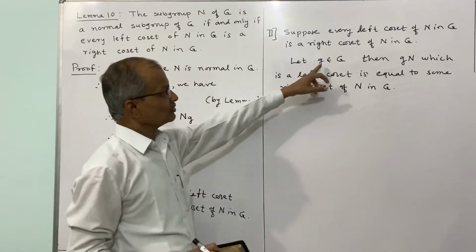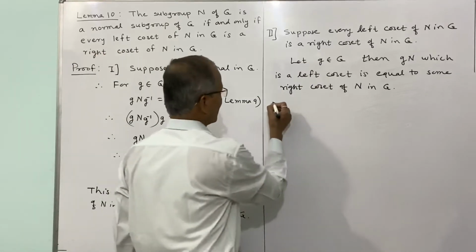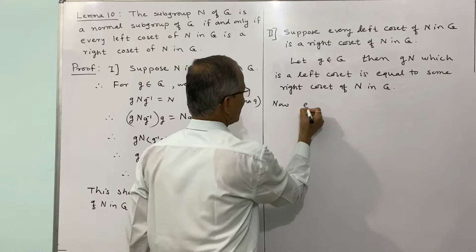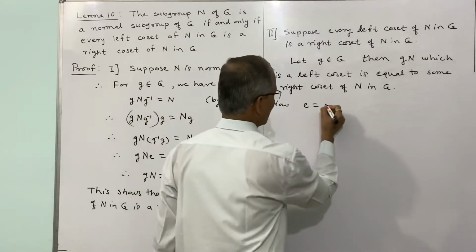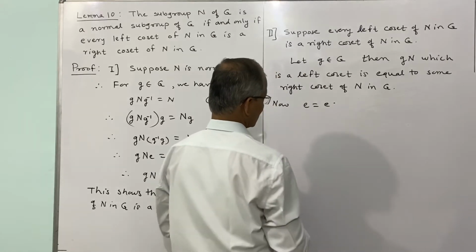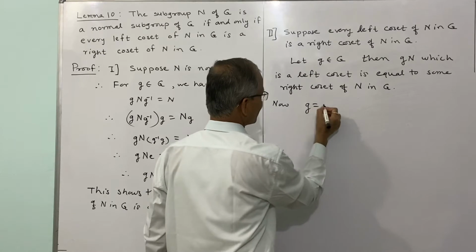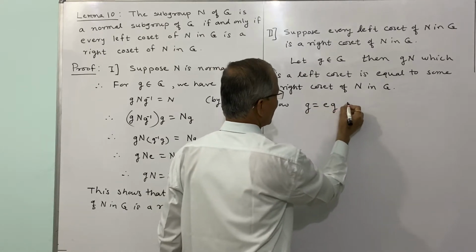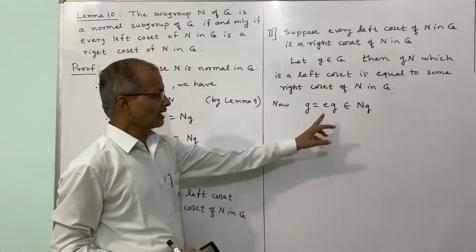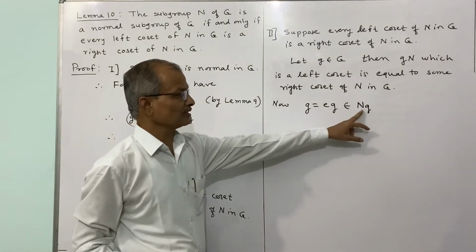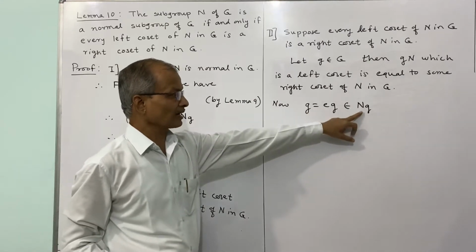Now we have g belongs to G, and we will consider now e. Now g is equal to e g, and this belongs to N g. e is in N, and therefore e into g, this product is in N g, and this is in the right coset.